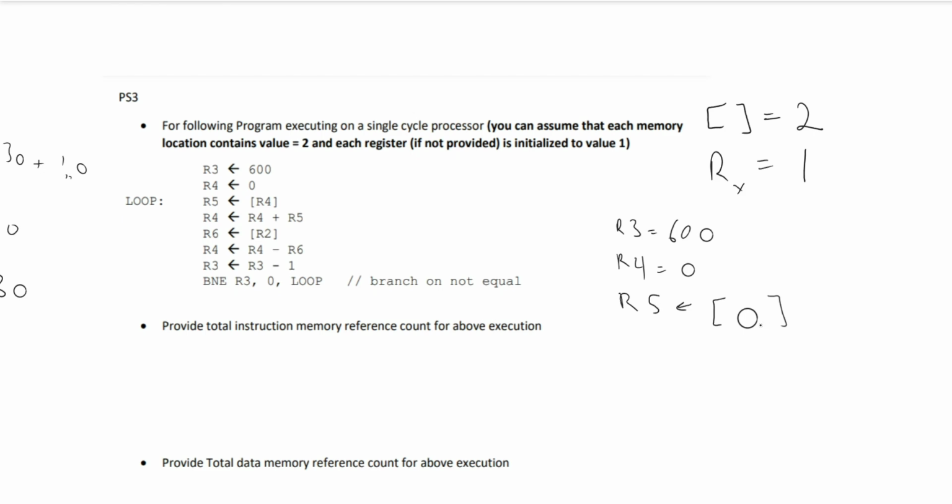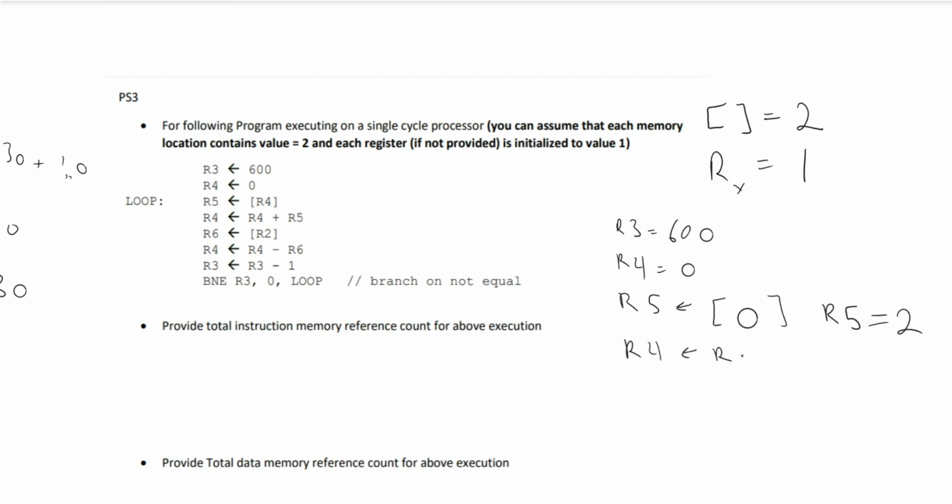So we're going to address 0 and getting whatever data is there, and then that's what we're loading into R5. Since we weren't given a value for address 0 in main memory, that means it's defaulted to 2.